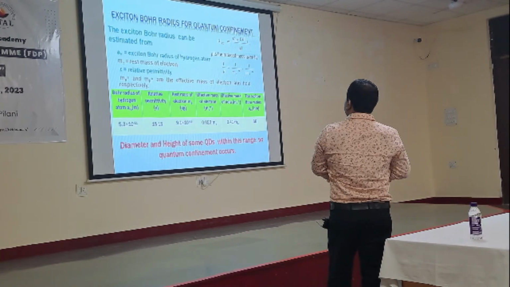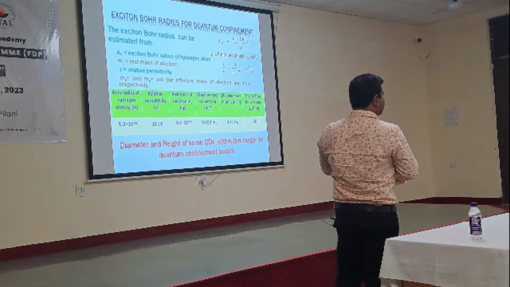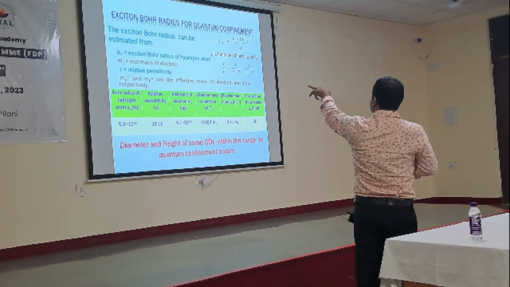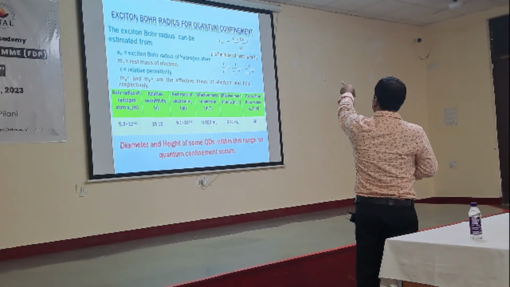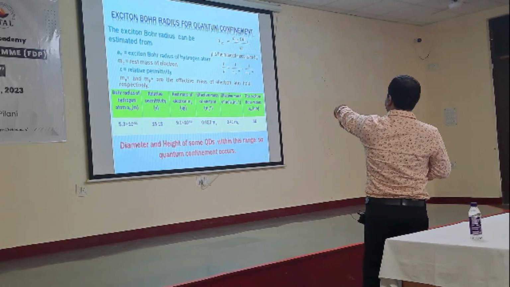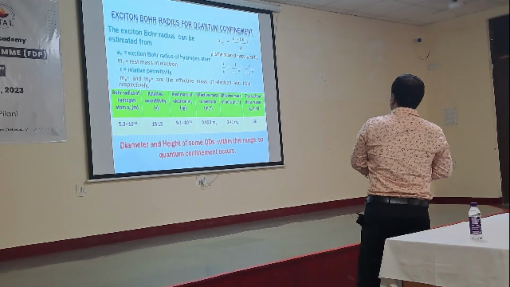Next, this is the calculation of the excitonic Bohr radius. How can you say that it is actually a quantum dot? You see, the exciton Bohr radius can be calculated from that equation. All the terms are there. If you put in the values, it gives 36 nanometer.